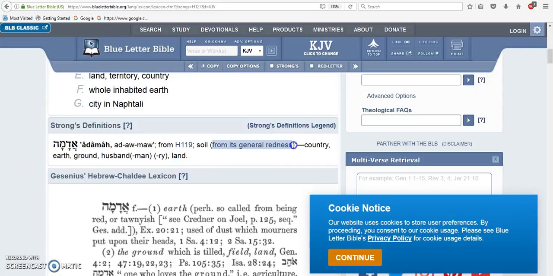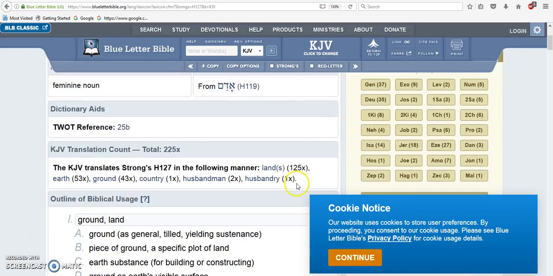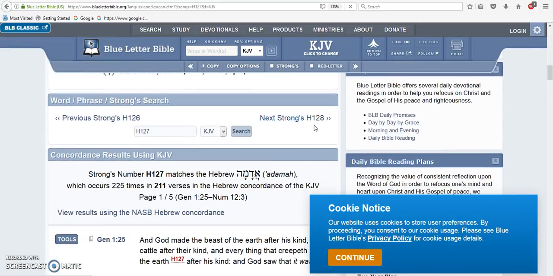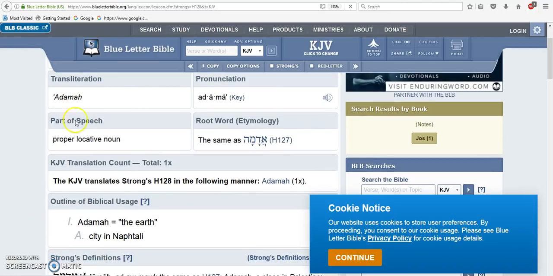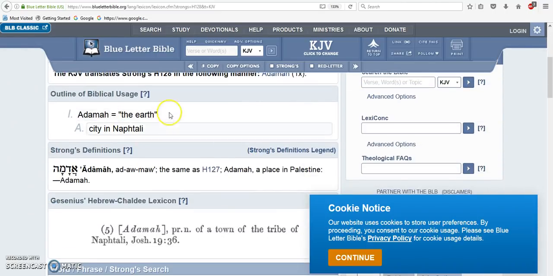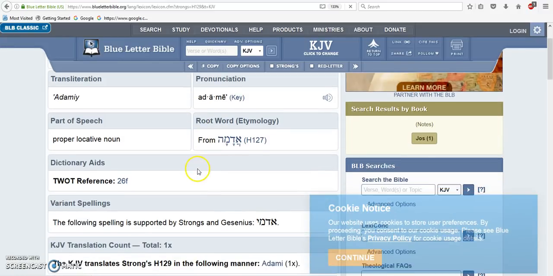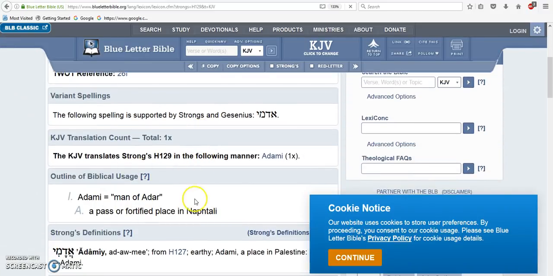You see that it says from its general redness. So it means man or the earth or the color red. And it goes through to Strong's 128. You can see that's the word Adama, which means the earth. And then once you get to 129, it still means the earth, but it starts to change the meaning a little bit.